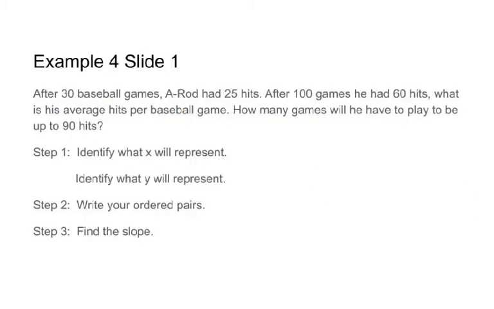One more. After 30 baseball games, Rod had hit 25 hits. After 100 games, he has 60 hits. What is his average hits per baseball game, and how many games will he have to play to be up to 90 hits? So x, I'm going to have that represent the number of games that he's played.